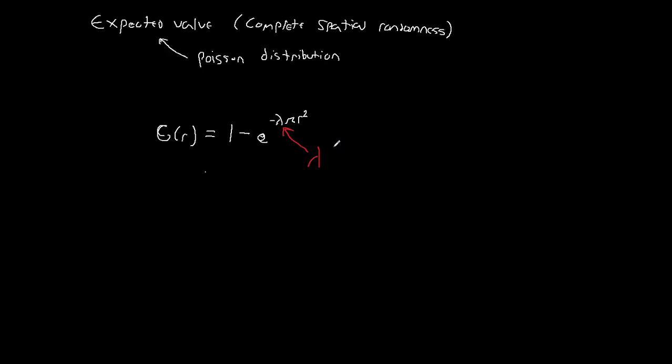Well, lambda takes into account the two things that you would need to know to be able to get an expected value, and you can think about this logically. If you wanted to figure out, in a given area for a given point, what the probability was that that point's nearest neighbor would be within that distance, you would need to know two things.